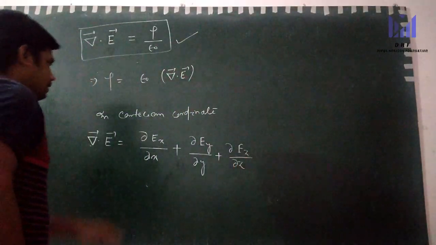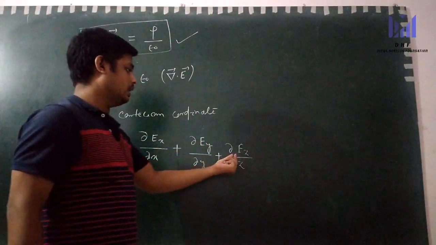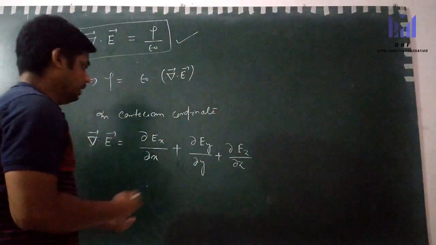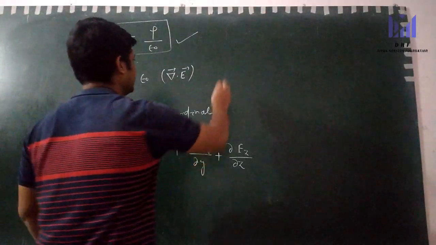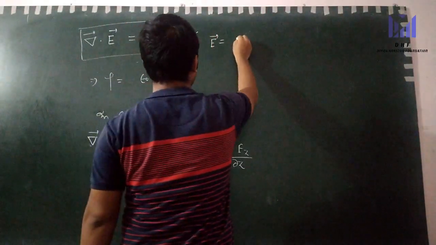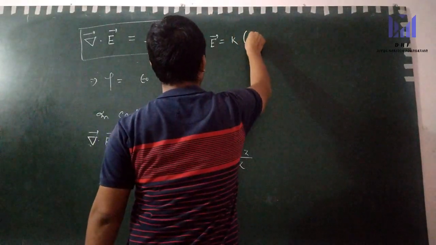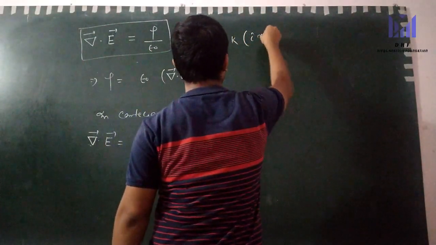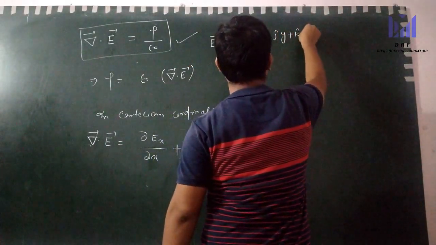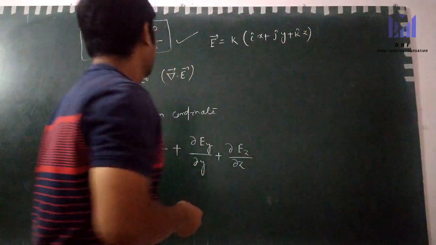Here Ex, Ey and Ez are the components of the electric field in the x, y and z directions. The electric field was like this: E is equal to some constant k times (x i cap plus y j cap plus z k cap), like this.